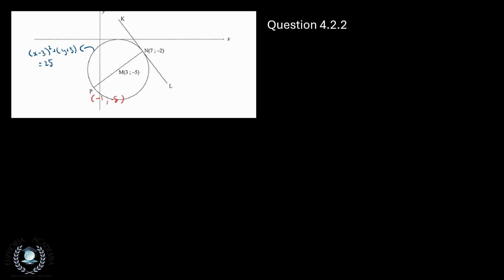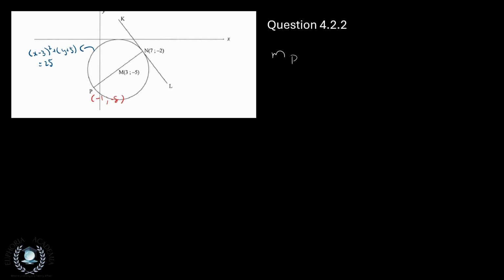However, on the line PN, we actually have 2 points, well, 3 points now. So that means let's get it from there, and we know that that is actually the diameter, and diameter is just radius times 2, and that will be perpendicular with our tangent KL. So we can use that to find the gradient of KL. So let's get into it.